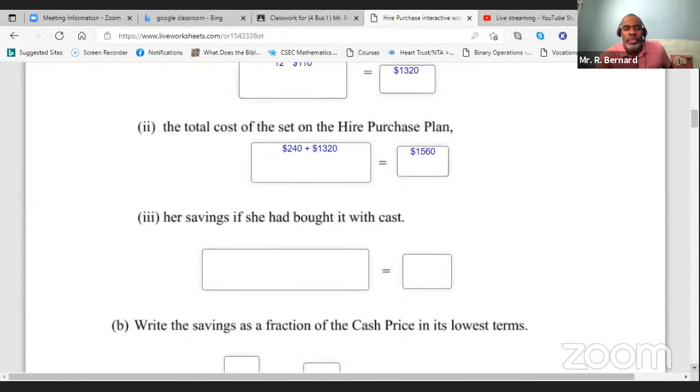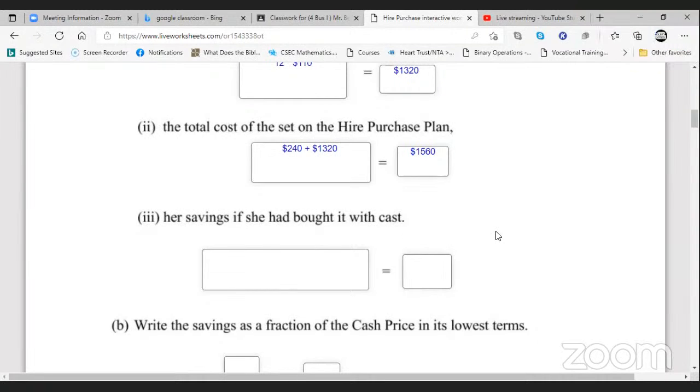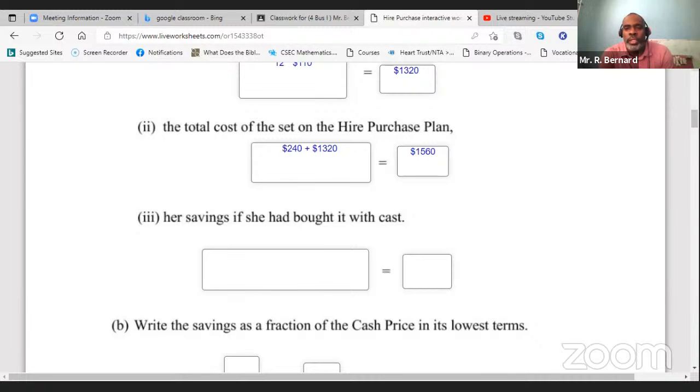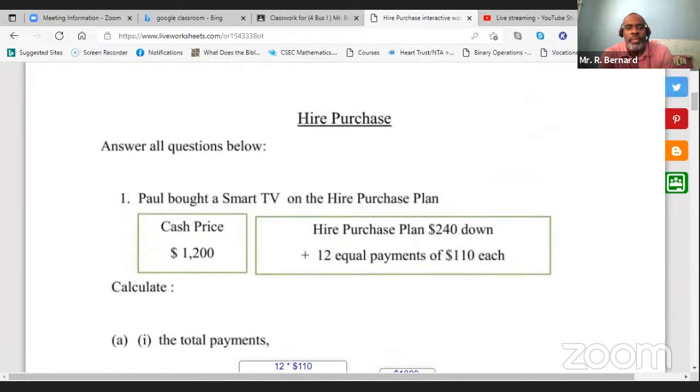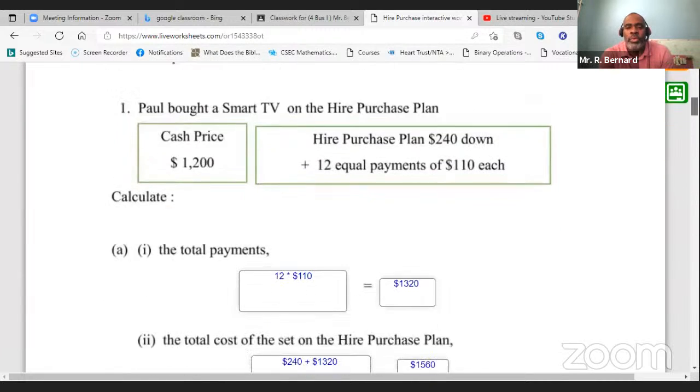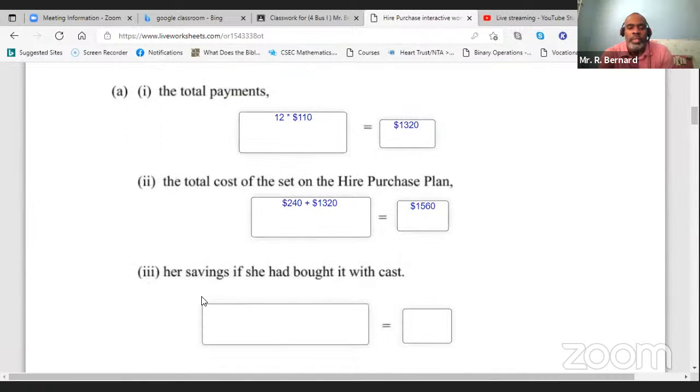All right, so this part now, her savings if she had bought it with cash. The total cost, you would have subtracted the cash price. Okay, so you'd have subtracted the cash price from the total cost.